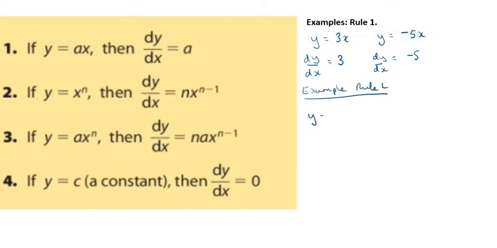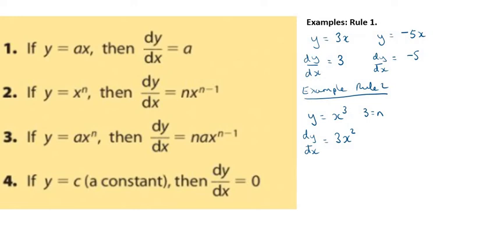We might say y is equal to x to the power of 3, or x cubed. Dy over dx is equal to 3x squared. So 3 is equal to n, x is to the power of n is equal to 3, so dy dx is n times x to the power of n minus 1.